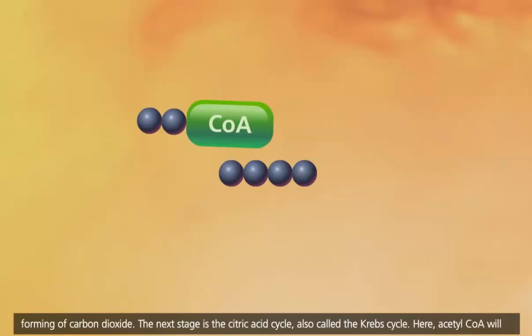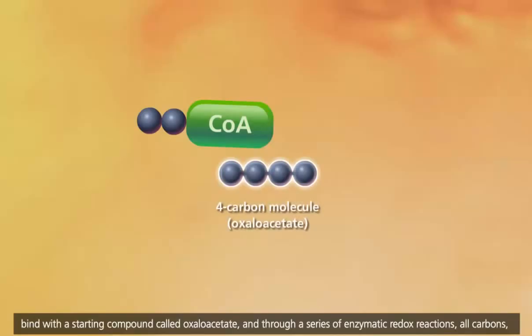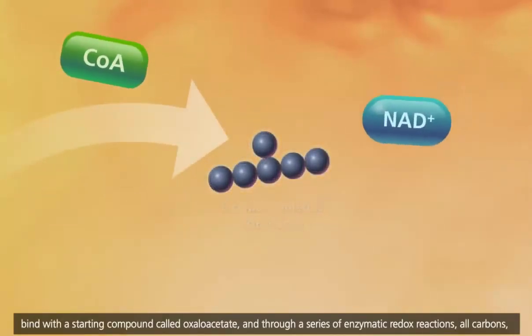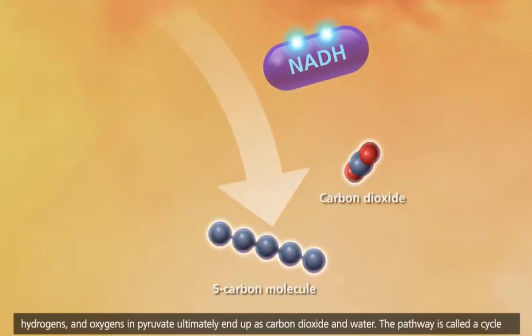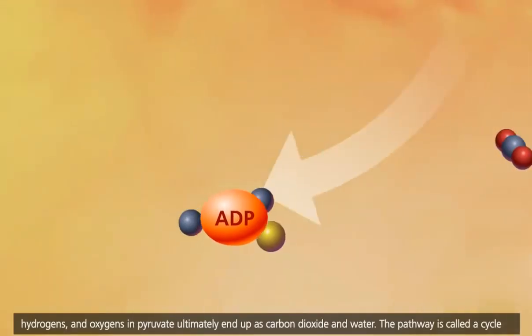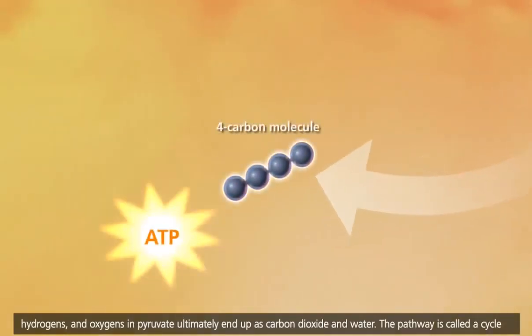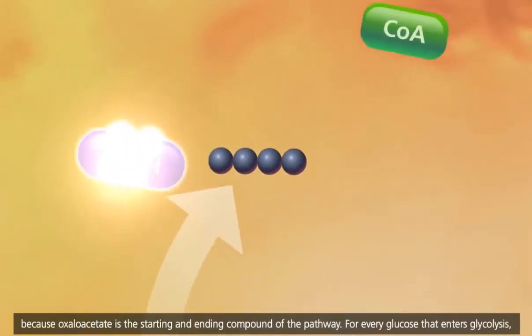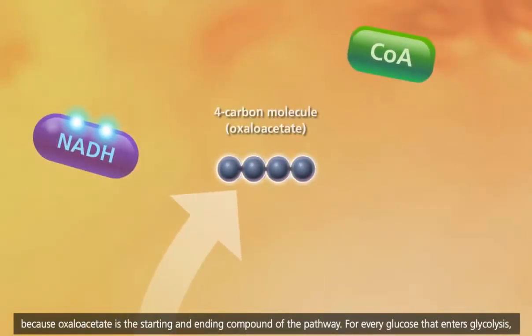Here, acetyl-CoA will bind with a starting compound called oxaloacetate, and through a series of enzymatic redox reactions, all carbons, hydrogens, and oxygens in pyruvate ultimately end up as carbon dioxide and water. The pathway is called a cycle because oxaloacetate is the starting and ending compound of the pathway.